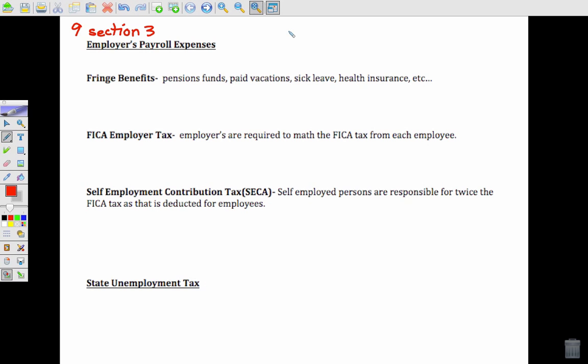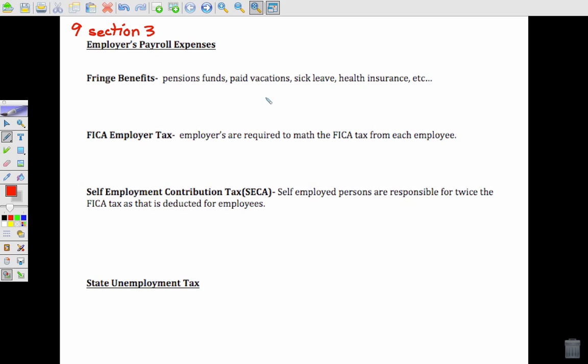First of all, they're called fringe benefits, and fringe benefits can be pension funds or retirement-type savings. They can be paid vacations, sick leave or health insurance, basically any money that is a benefit to you that the employer is paying.